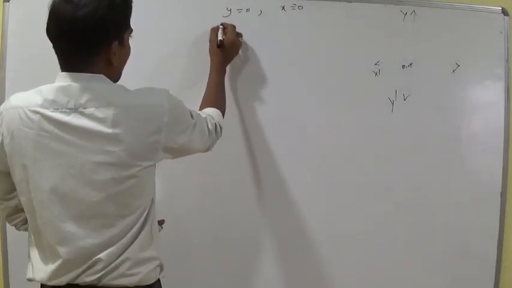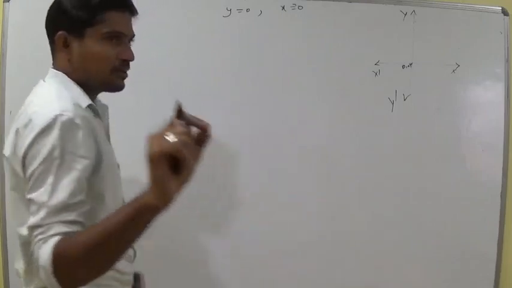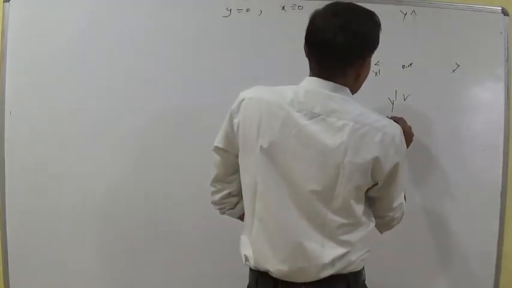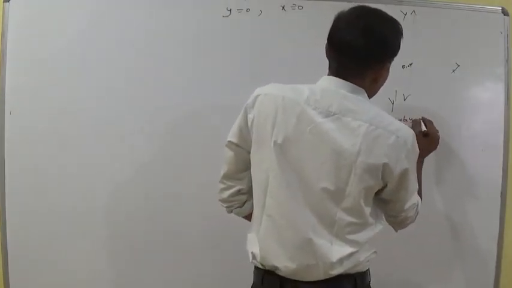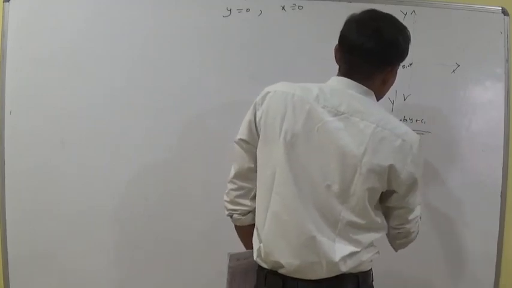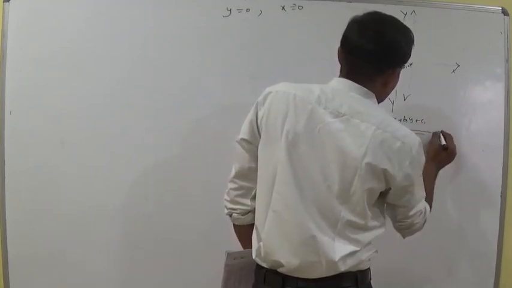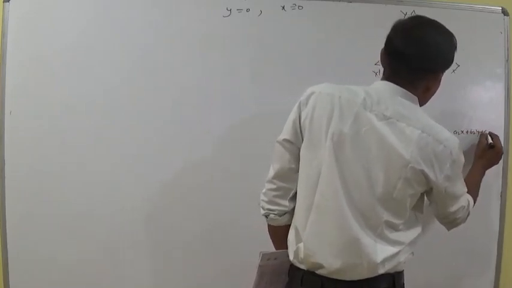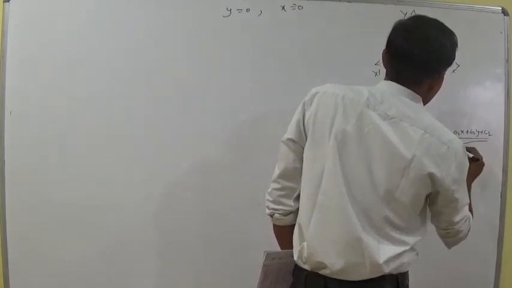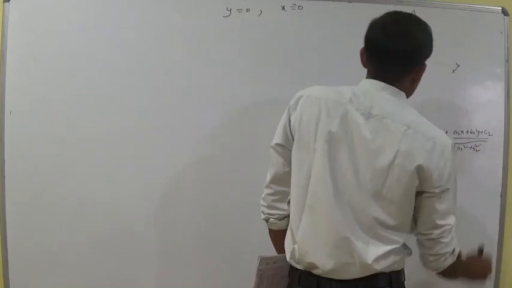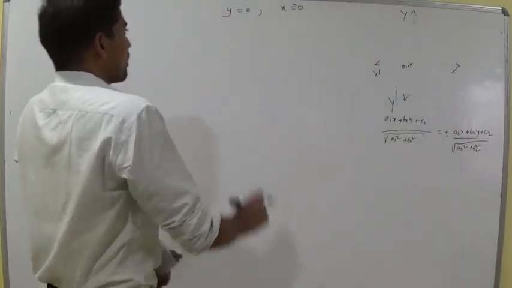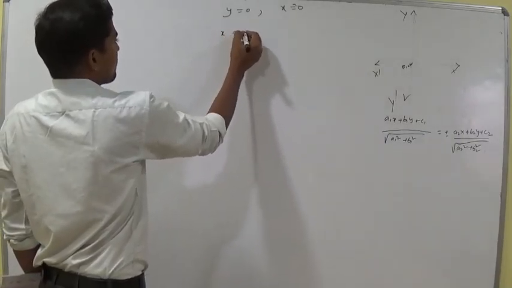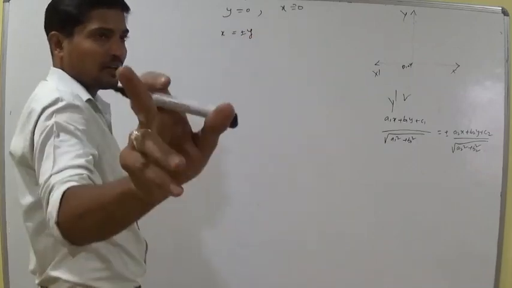Then first one, a1x plus b1y plus c1 by square root of a1 square plus b1 square. Now let us write here a1x plus b1y plus c1 by square root of a1 square plus b1 square equal to plus or minus a2x plus b2y plus c2 by square root of a2 square plus b2 square. So that means x is equal to plus or minus y we will get.